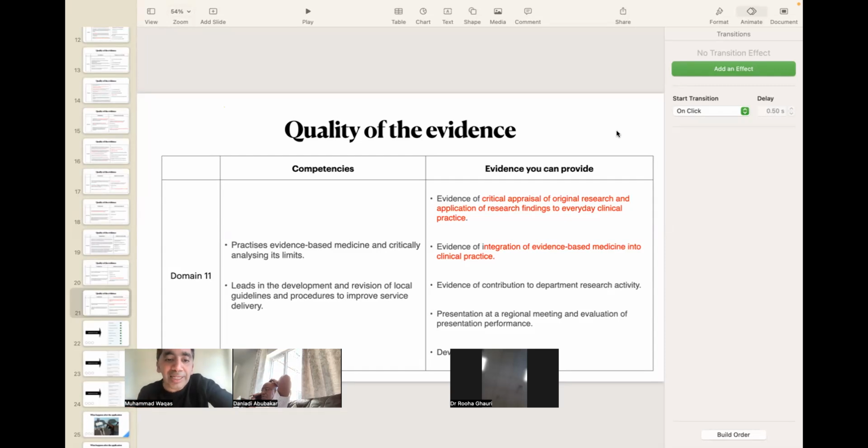As long as you are providing this evidence for all these competencies, it doesn't matter how much duration you have collected it in, unless it is older than 5 years. So if you can collect it in less time, that is okay. I didn't find anywhere that there's a minimum limit.